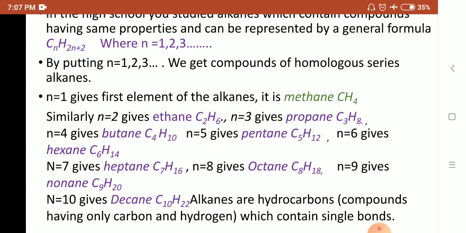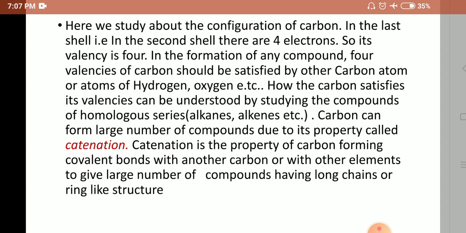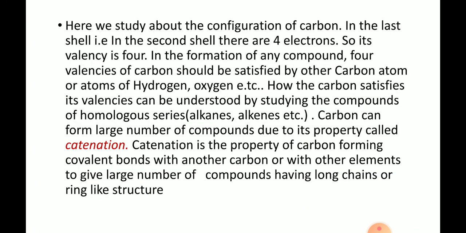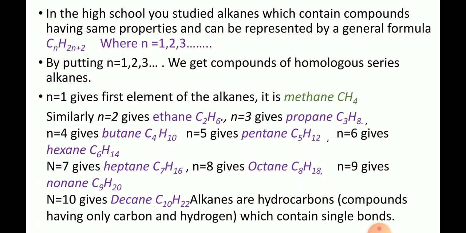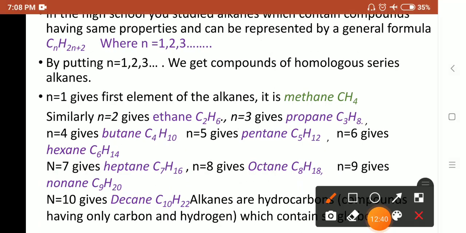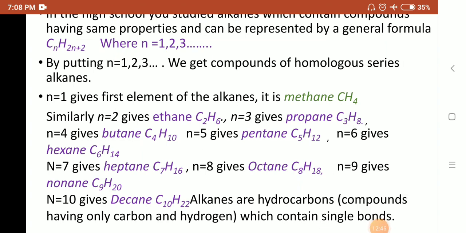They are an example for the homologous series. But what is the definition of alkanes? They are hydrocarbons. Hydrocarbon means compounds having only carbon and hydrogen. Alkanes are the hydrocarbons which contain only carbon and hydrogen, and which contain single bonds. So you remember, alkane means they contain single bonds.